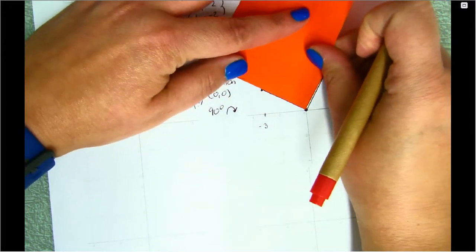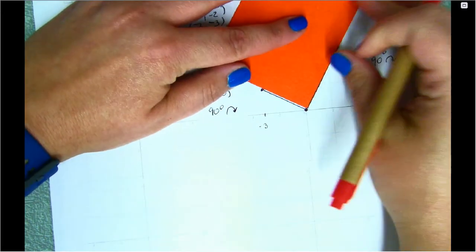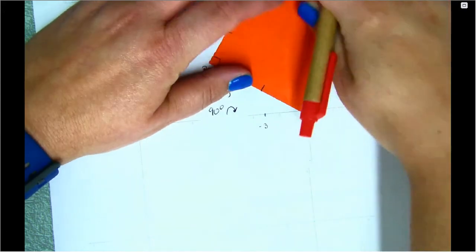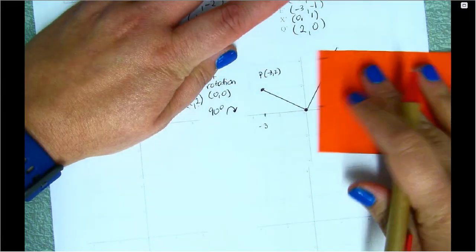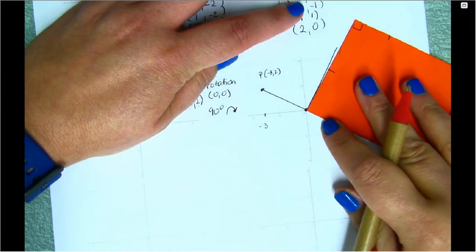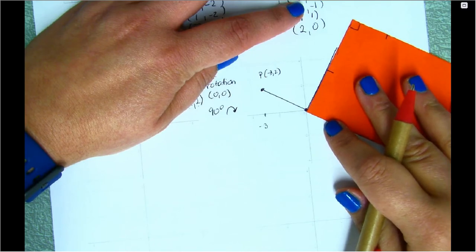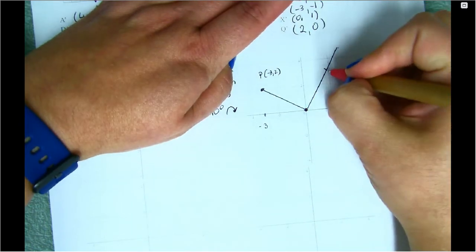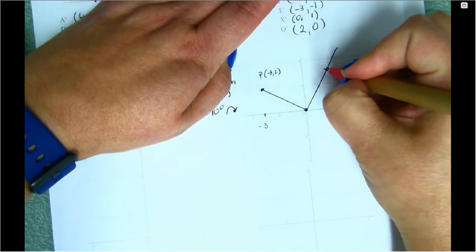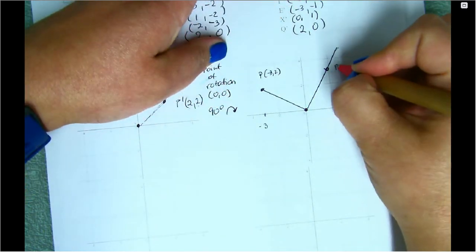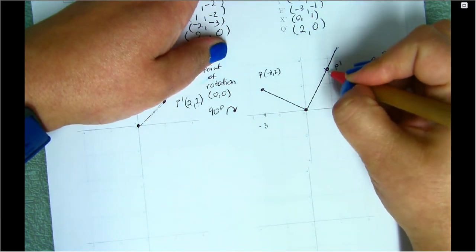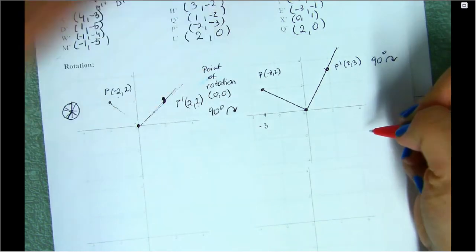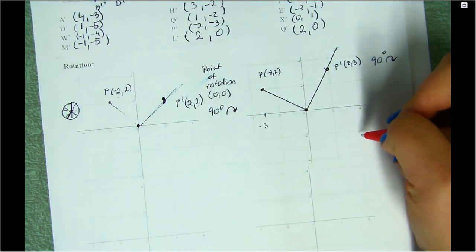If I use this and mark it right here, it should be exactly the same length on the other side, so right here. And I'm going to say this point prime is at 2, 3. I'm going to estimate a little bit. I'm going to go to the whole numbers.